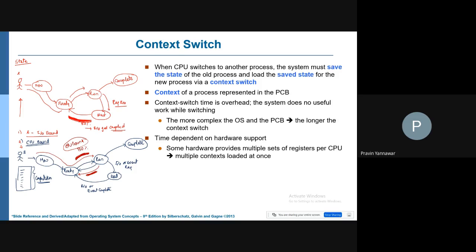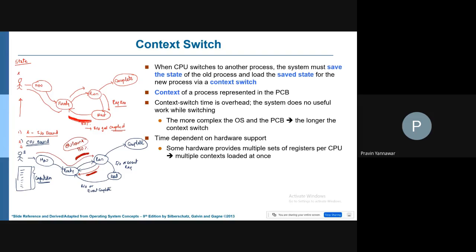The system does no useful work while switching, but the more complex the OS, the process control block contains the information of all these particular switches. So this is really very important. So a context switch means what? This particular switching in between the number of processes, right?